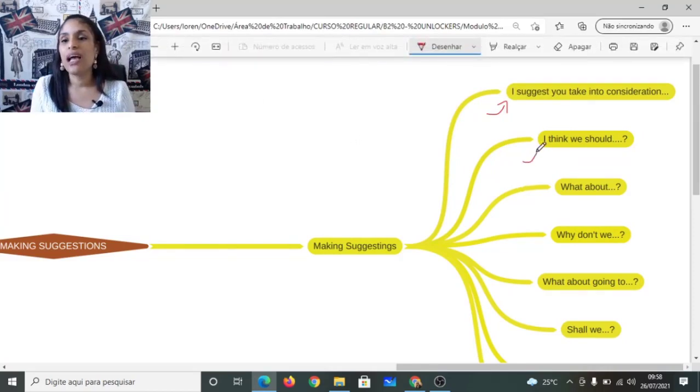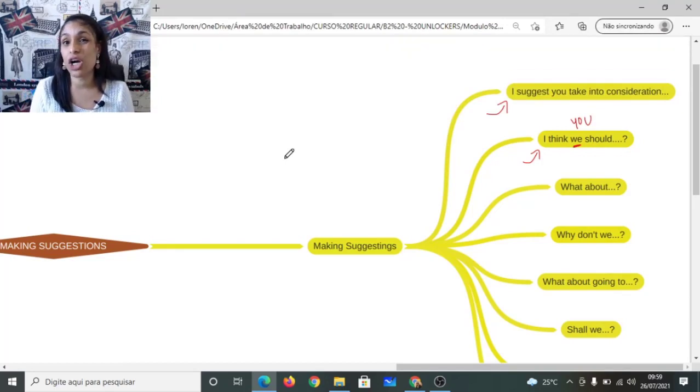Another one is, I think you should. I put we here, but you can say you. For example, if your friend has symptoms of COVID-19, you can say, I think you should take a test, or I think you should see a doctor. You know, this is a suggestion.